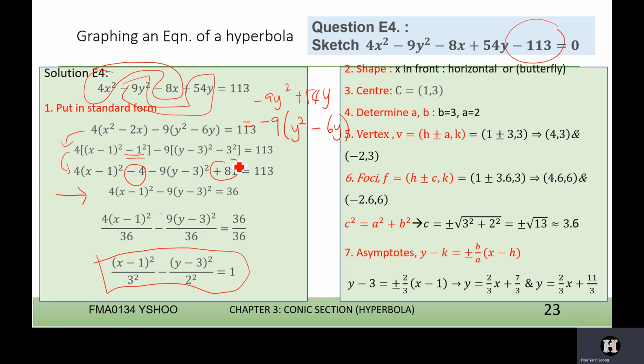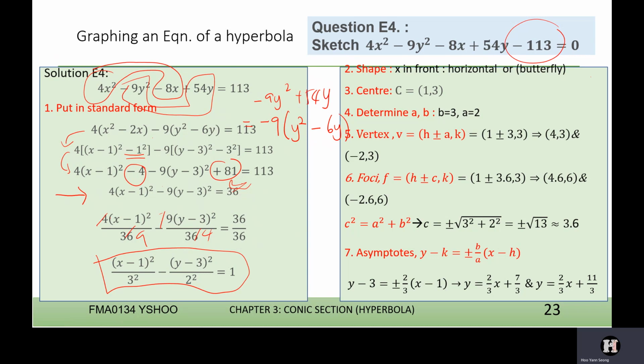Then the next thing, I have said before that the right hand side must equal 1, so you divide by 36, everything divided by 36. So this is 1, this is 9, this one is 4, so this is the standard form.